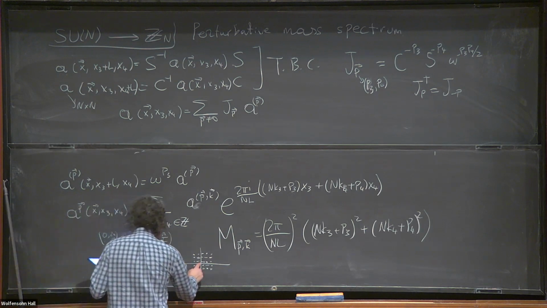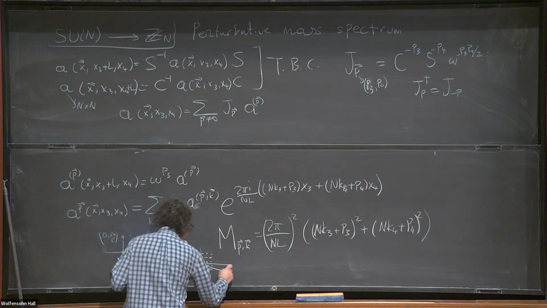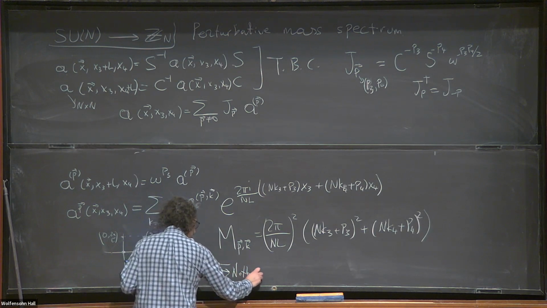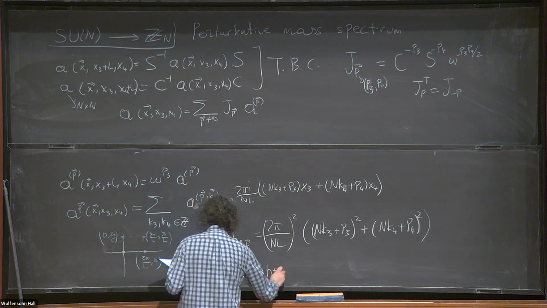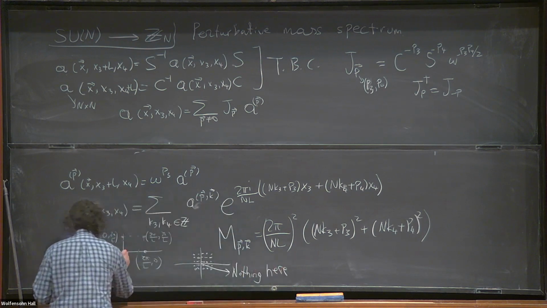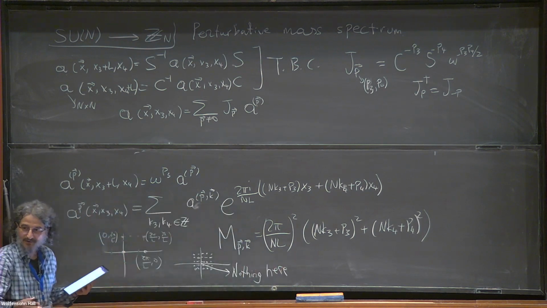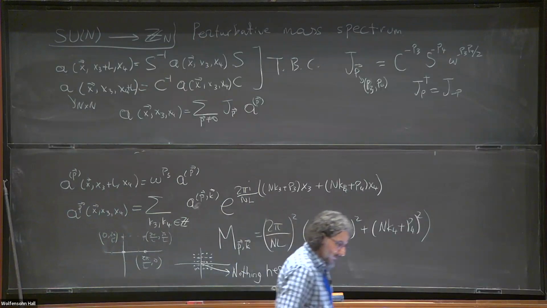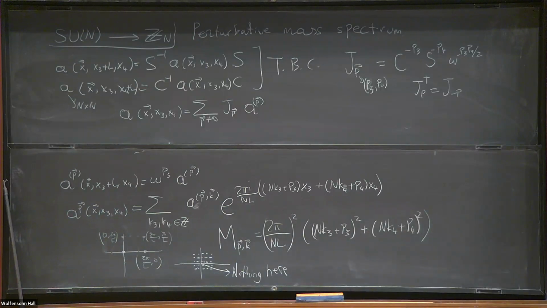The important thing is, nothing here. Yet here we had a two-dimensional gauge field, which was an n square component matrix. So this is the consequence of the perturbative analysis.